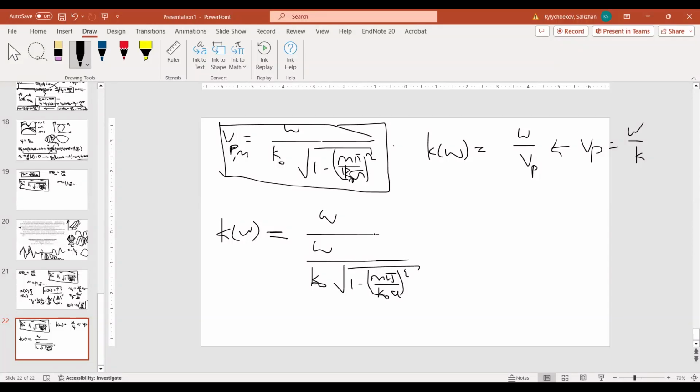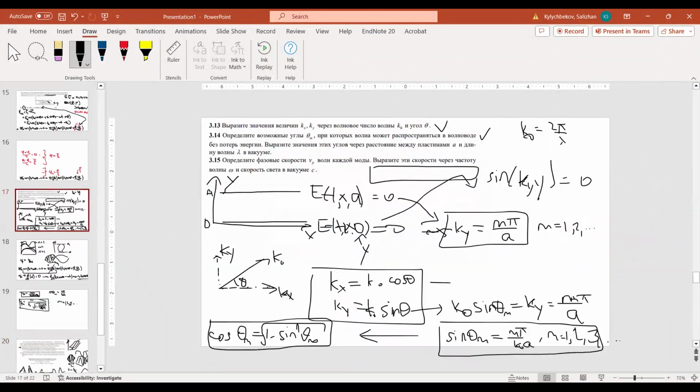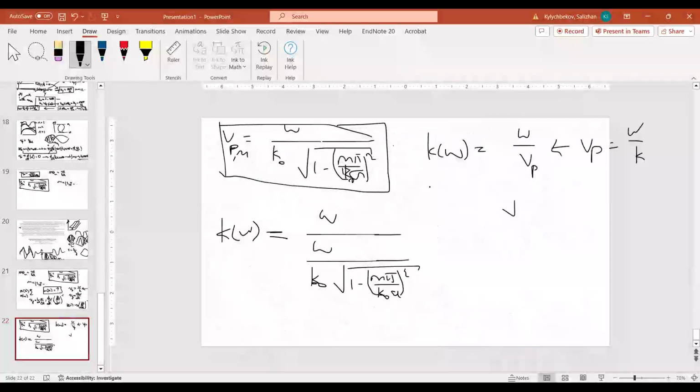Before the omegas cancel, we know one thing about the velocity phase. Did they say C or vacuum? The speed of light in vacuum.